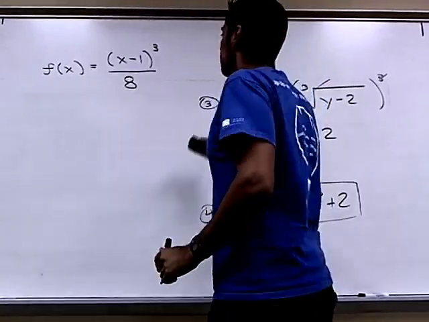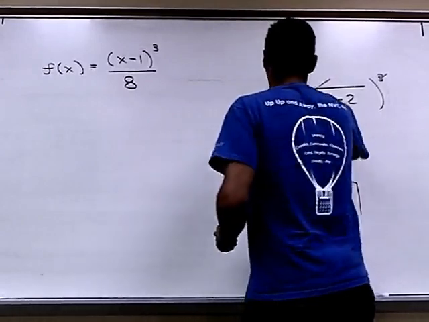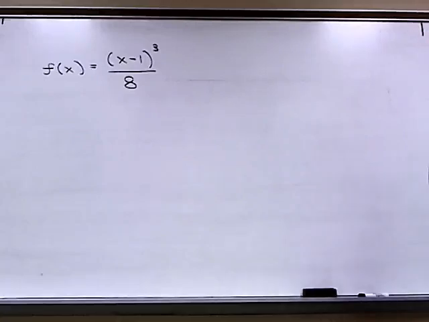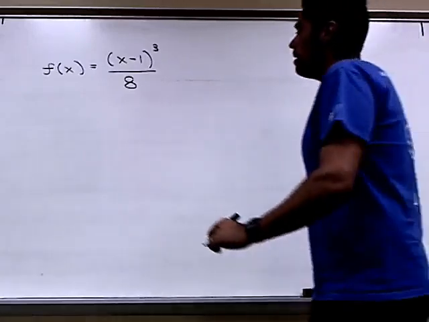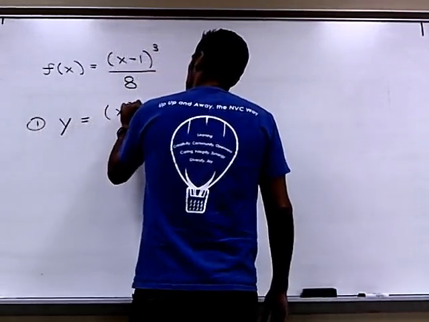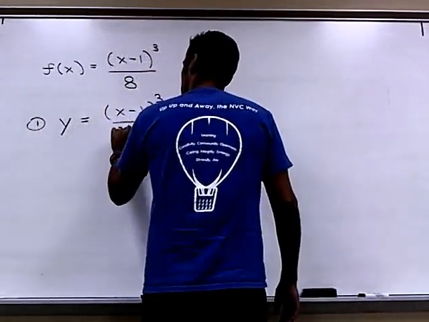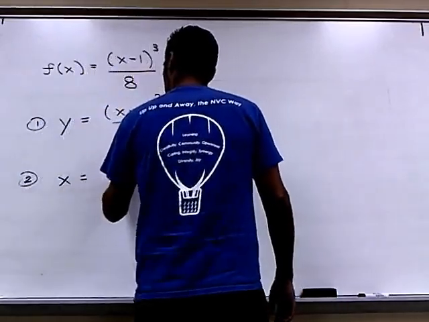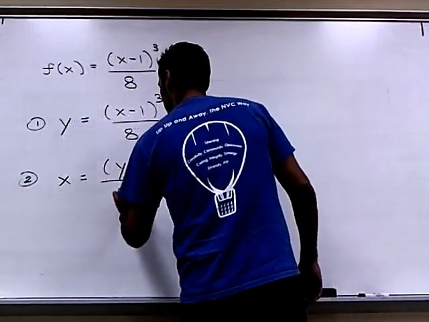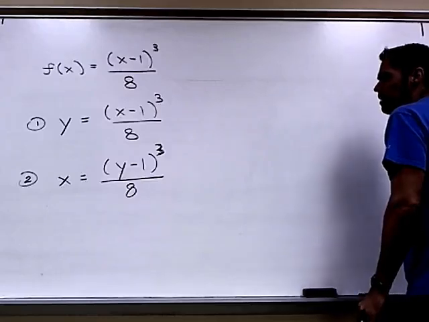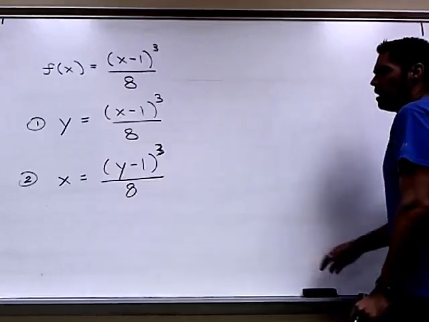So I replace my f of x with y. I now swap the variables. And then try and get y by itself, right?